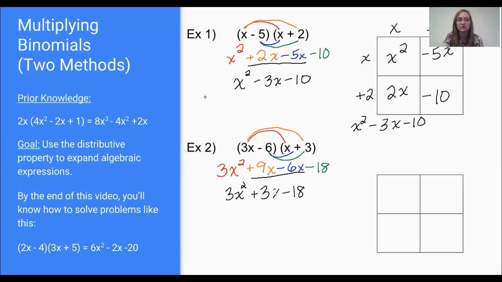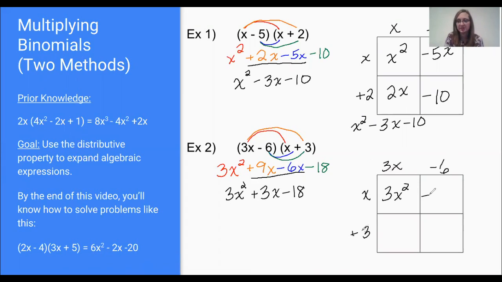We'll take a look at the box just in case you prefer that method. So taking a look here, we've got 3x minus 6. And it really doesn't matter which one you put on top and which one you put on the side. If you want to convince yourself that that's the case, feel free to try it both ways. So 3x times x, still got 3x squared.